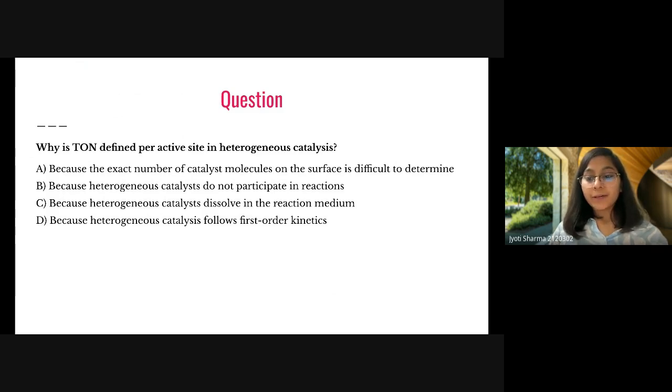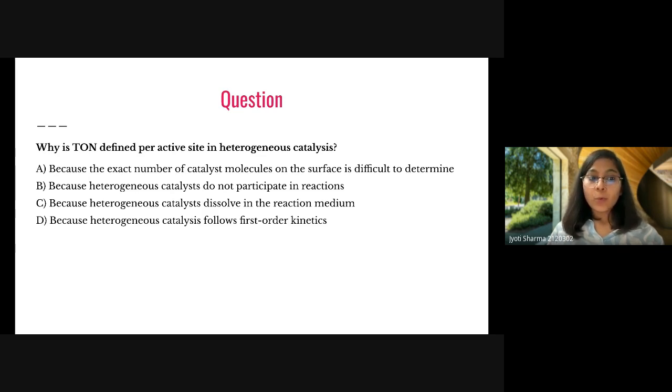There is a different definition of TON based on the type of catalysis. For example, if you have homogeneous catalysis, the definition of TON will be different. If this is heterogeneous catalysis, then it will give you a different definition. And if it is an enzyme based catalysis process, then the TON definition will be different.